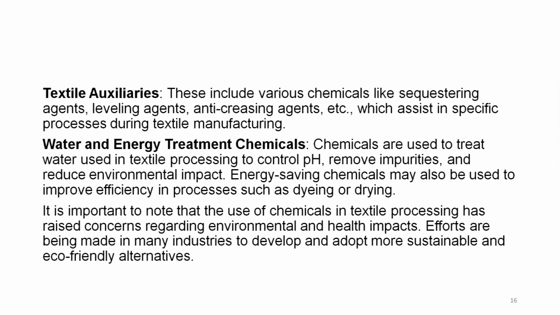Chemicals are used to treat water used in textile processing to control pH, remove impurities and reduce environmental impact. Energy saving chemicals may also be used to improve efficiency in processes such as dyeing or drying.